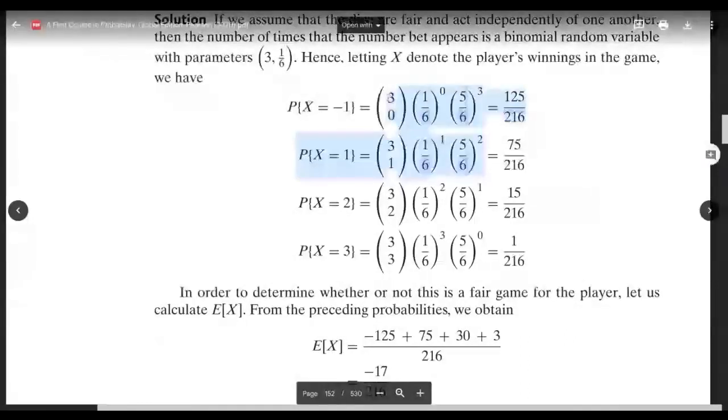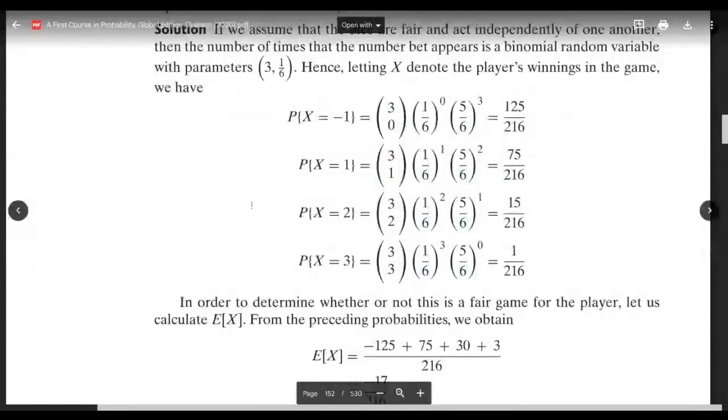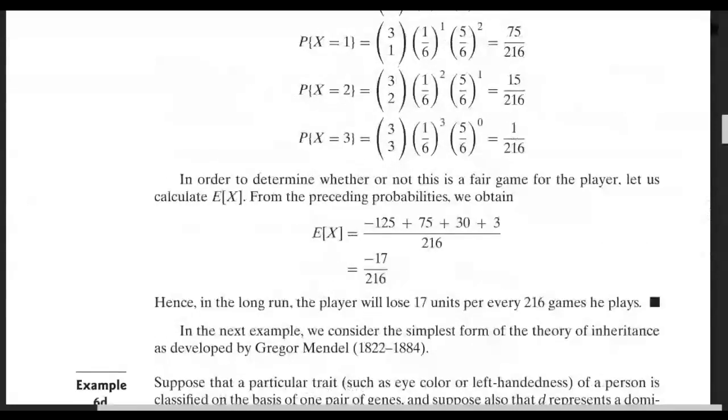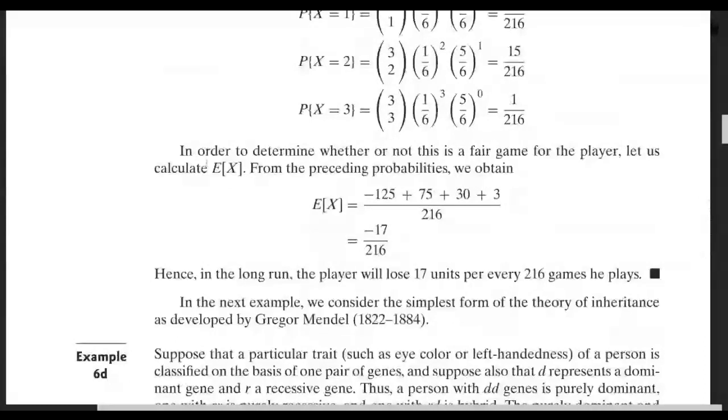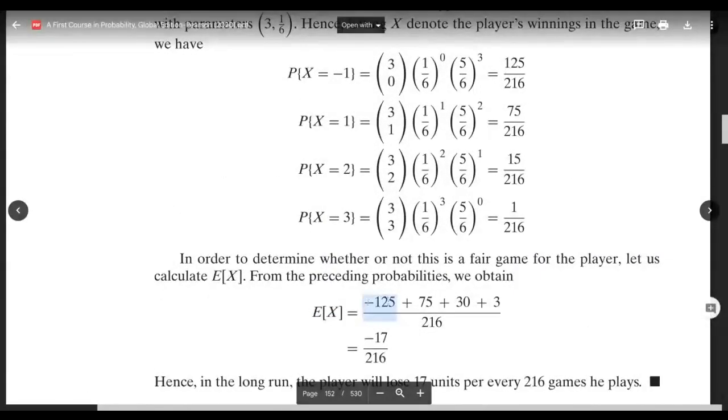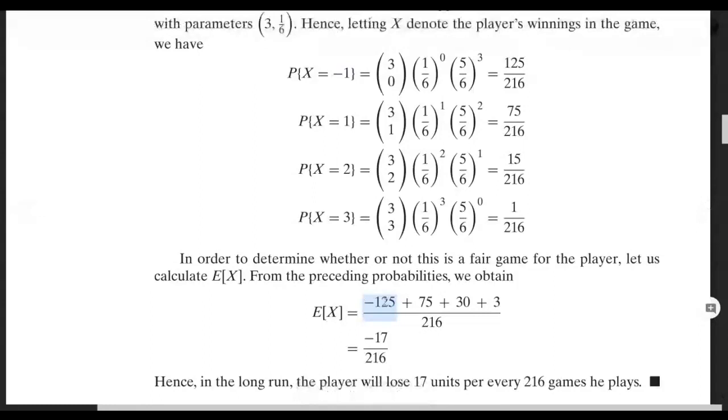Yeah, okay, so it's a binomial calculation. So this is about understanding what's going on rather than calculating. Now let's see if this is fair to play. So we want to get the expected value of this. We get -1 times, because this is losing one, so that's -1 times 125 over 216.